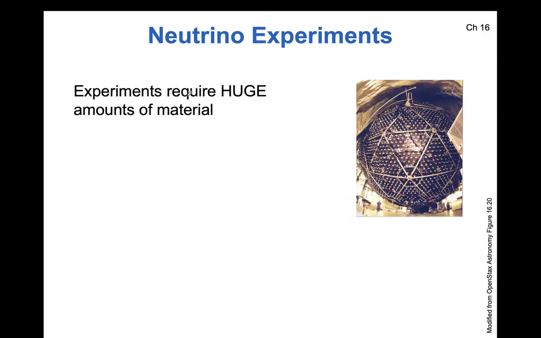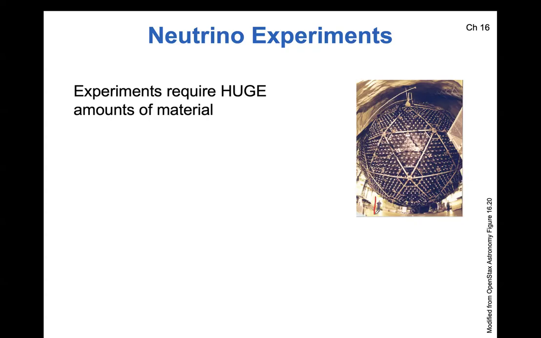Okay, so these neutrino detection experiments require huge amounts of material because of that tiny chance of interaction. The only way to actually do this with any chance of success is to have huge volumes of interacting material that's monitored in some sophisticated way. So it always involves some sort of huge tank system.